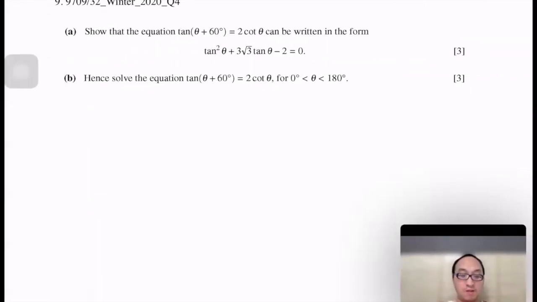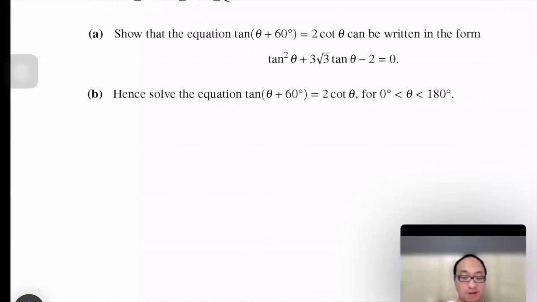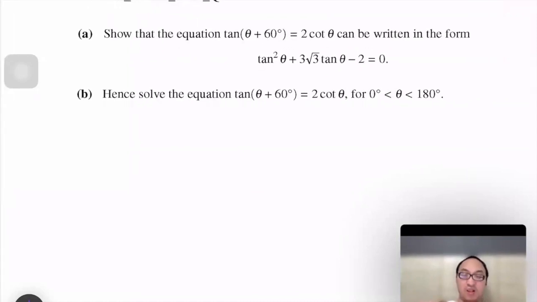Number 9. Show that the equation tan(θ + 60) = 2 cot θ can be written in the form... Using the tangent formula, tan(θ + 60) equals 2 cot θ.